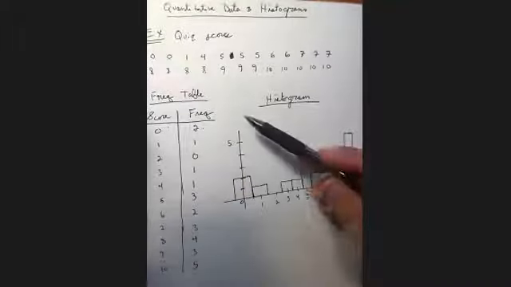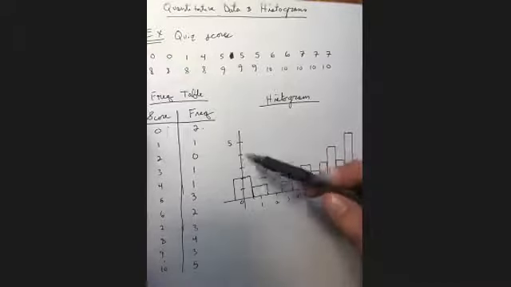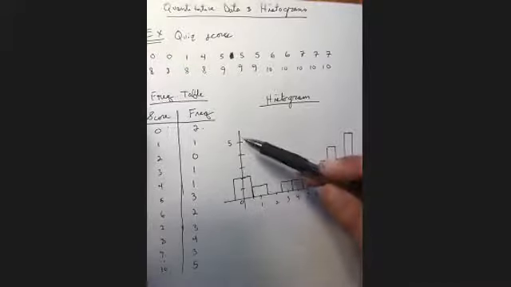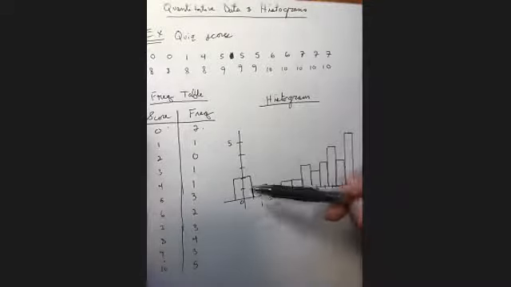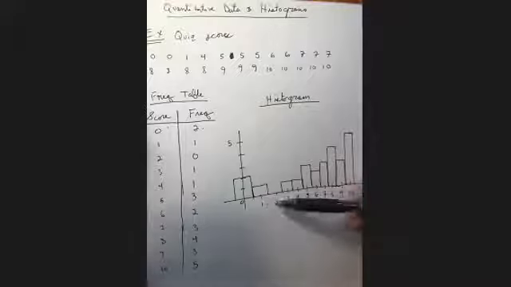We have the numerical measure on the vertical axis and the categories or the classes on the horizontal axis. In this case, those classes are the scores themselves. So a score of 0, 1, 2, 3, 4, all the way up to 10.